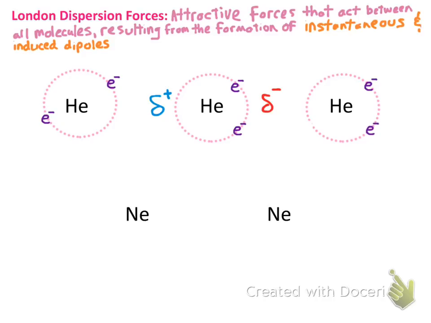So what does this do to our second helium here? It now induces a partial negative side of our helium, and consequently, a partial positive side of that helium as well. This is what's called an induced dipole, because the dipole from the other helium created this temporary, albeit dipole.